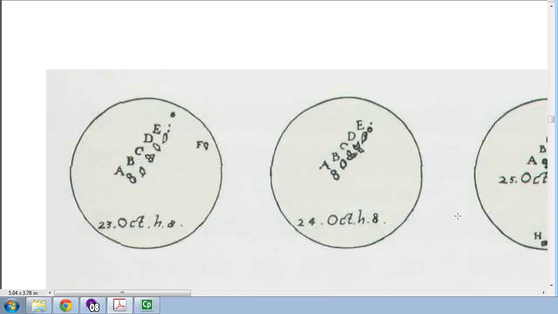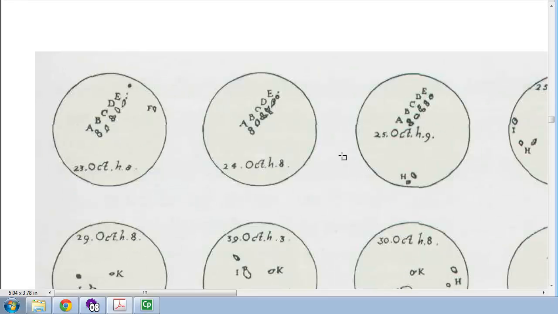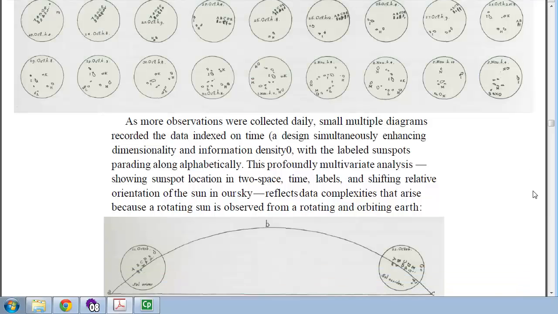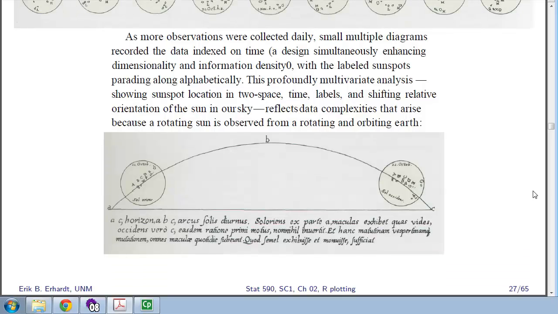So these are a version of small multiples, which we're going to talk about in a second. And we have the sunspots labeled, and as we zoom out, we can see how that string of sunspots, A through E, is actually shifting around in the display. And so we're now able to see not just one static image of sunspots, but actually that the sun is rotating and the dynamics of the situation.